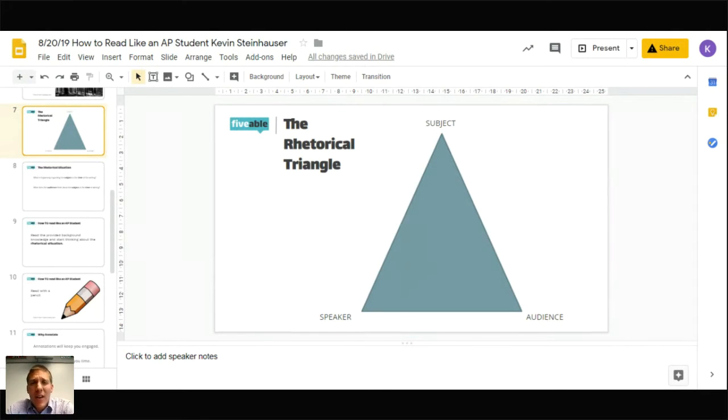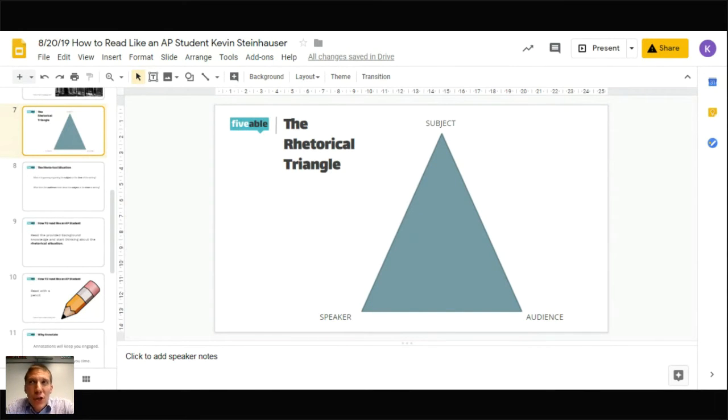So you've got to get in the head of the audience. And I'll be honest, I read the rhetorical analysis passage last year as an AP reader. Students generally understand the subject and the speaker. The audience is the biggest growth point for most students.